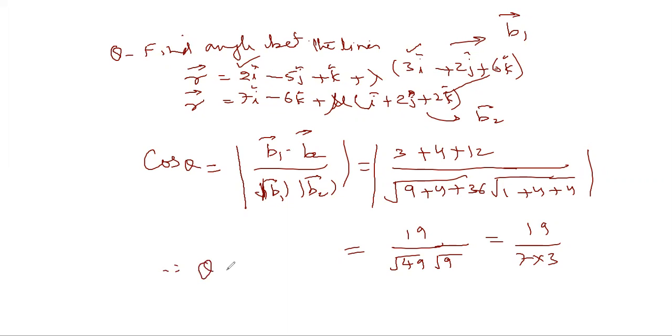Therefore, theta is equal to cos inverse 19 upon 21. This is the angle between the two lines.